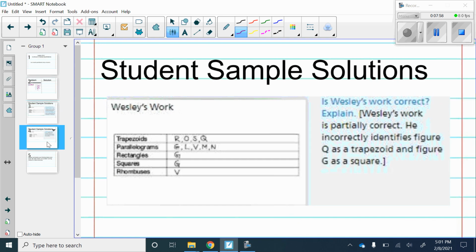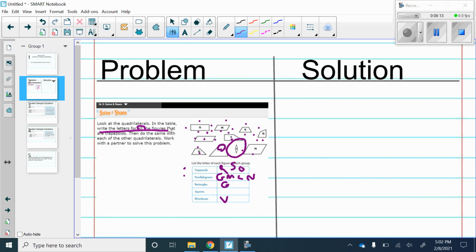On the next slide, is Wesley's work correct? His is partially correct. It says he incorrectly identifies figure Q as a trapezoid and G as a square. He identified Q as a trapezoid. Can you see why it is not categorized as a trapezoid? It isn't a trapezoid because remember, a trapezoid needs one pair of parallel sides.